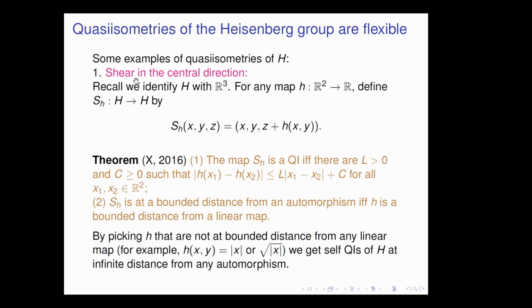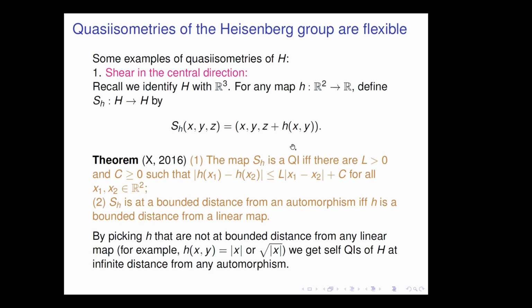The first construction is given by shearing in the central direction. So recall we identify H with R3. Now, given a map h from R2 to R, we can define a map S_h from the Heisenberg group to itself. S_h sends x, y, z to the point with coordinates x, y, so no change in the first two coordinates.